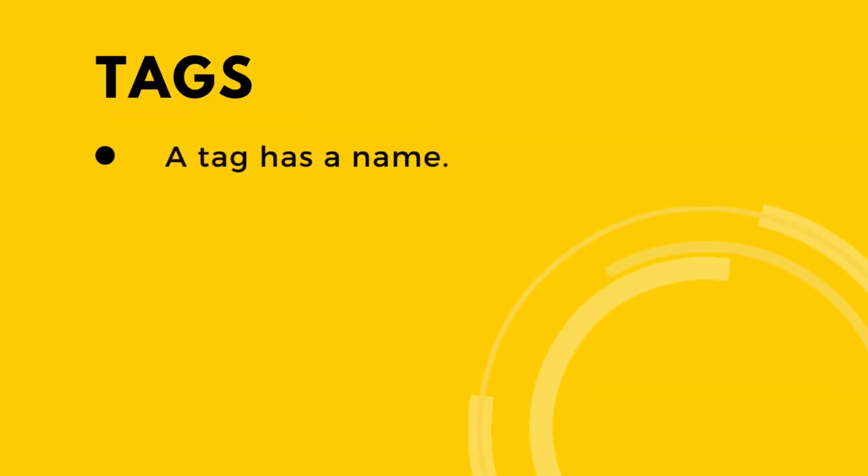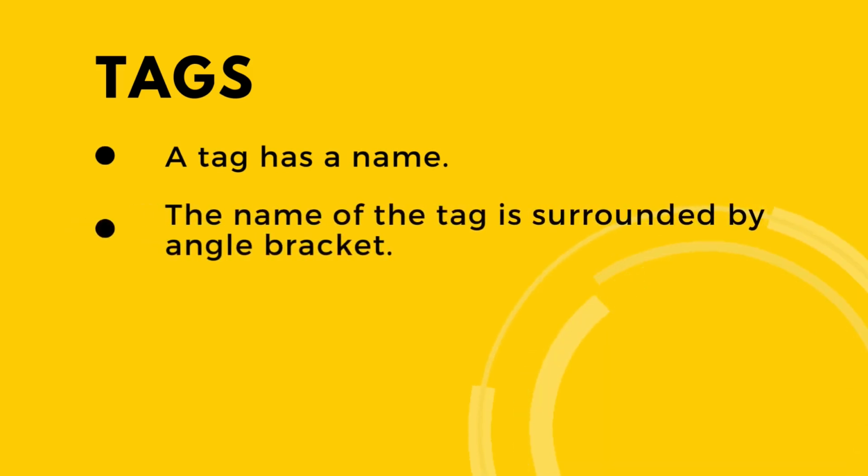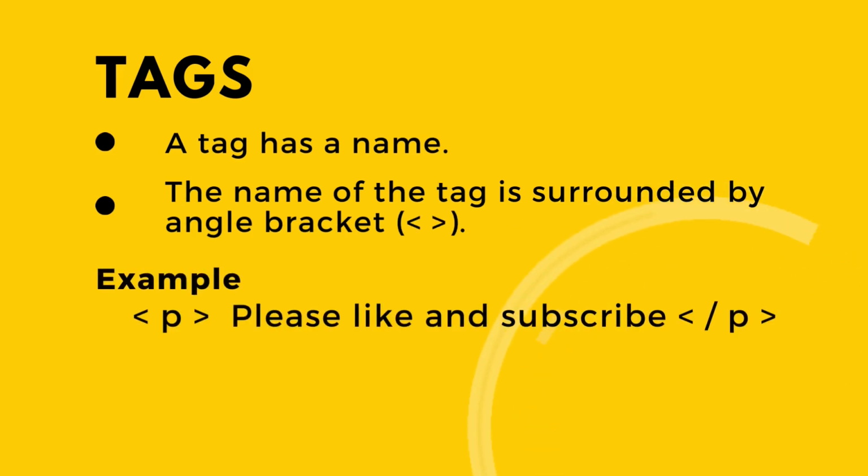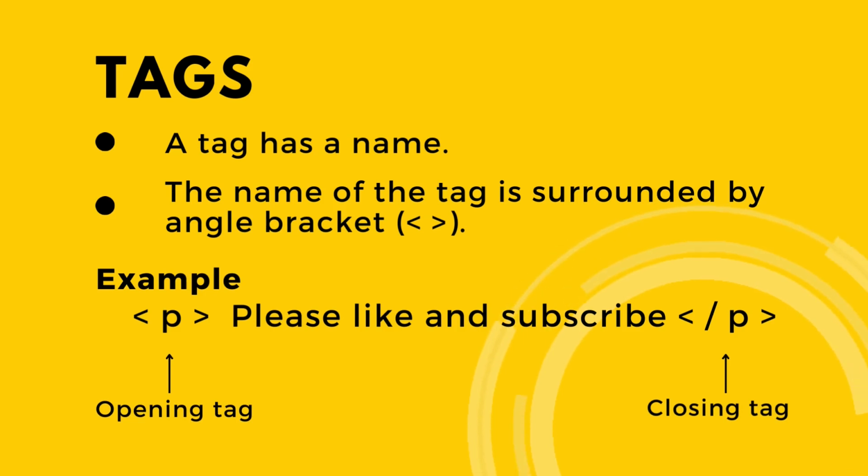Let me clarify the term tag that I also use. A tag has a name. The name will be surrounded by angle brackets, which are the less than and greater than signs. As I said earlier, the tag name for a paragraph is P. So we will have a P surrounded by less than and greater than signs. That is the starting tag. Then we have a closing tag also.